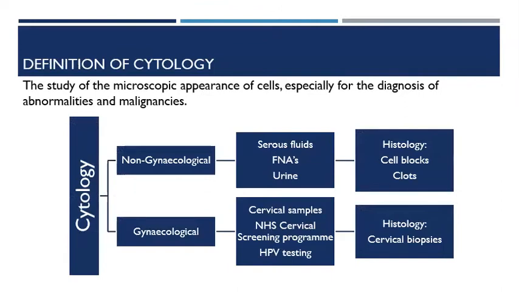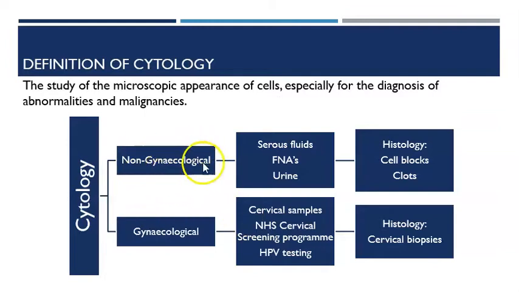So as I've noted in previous lectures, particularly the histopathology lecture, cytology is the microscopic appearance of cells used in the diagnosis of diseases, quite often malignancies, not always, whereas histopathology and histology is looking at tissue. So histo, tissues, cyto is cells.